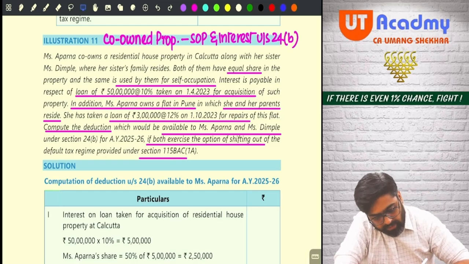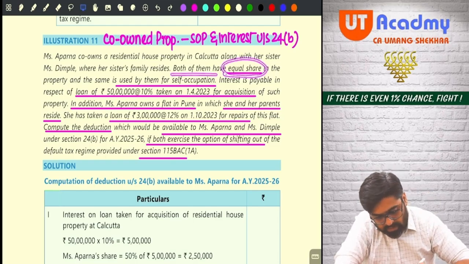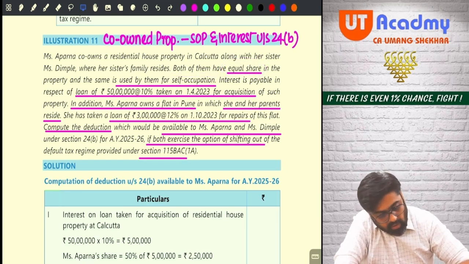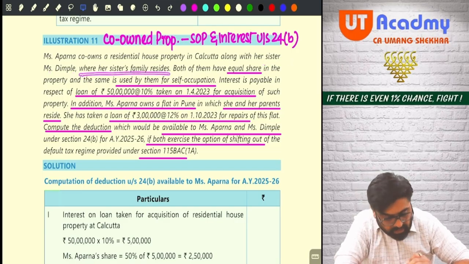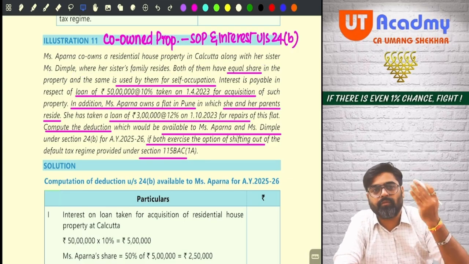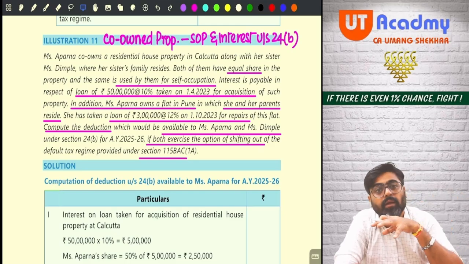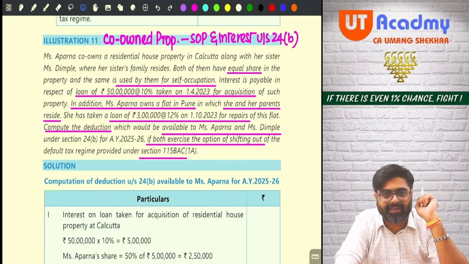Now they are saying both of them have equal share in the property. Okay, wait. Along with her sister, Miss Dimple, where her sister's family resides. Meaning that the property which was co-owned property, in that property, Dimple's family is residing.